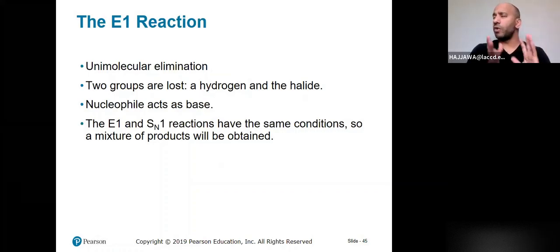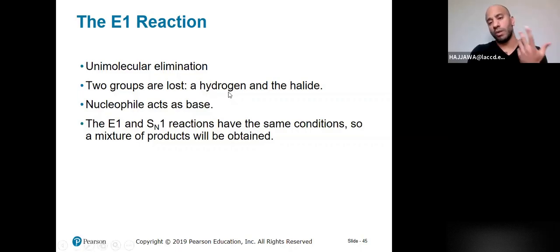The E1, just like the SN1, is a unimolecular mechanism where the reaction rate is determined by the alkyl halide type. Two groups will be lost, obviously the hydrogen and the halide. The hydrogen from the alpha carbon to the C-X, and the halide will be removed in the very first step of the E1 mechanism.